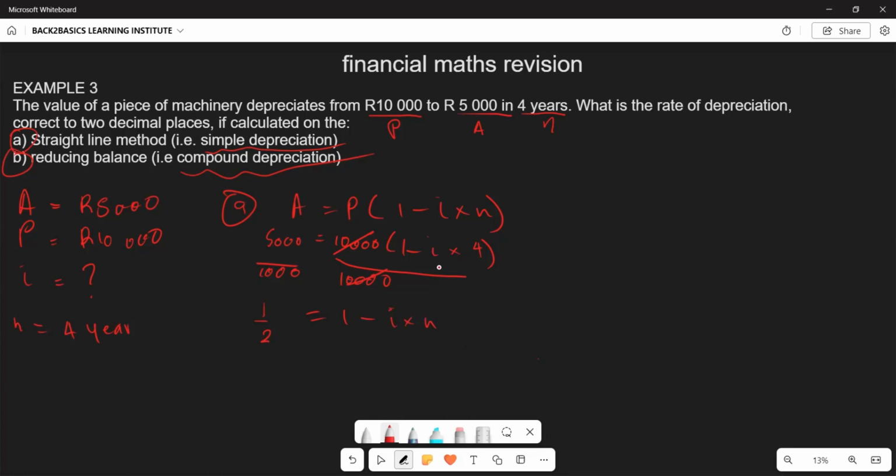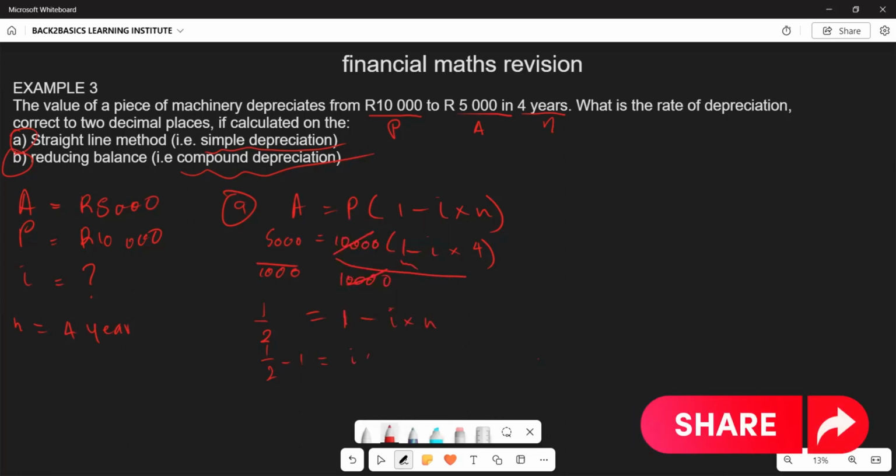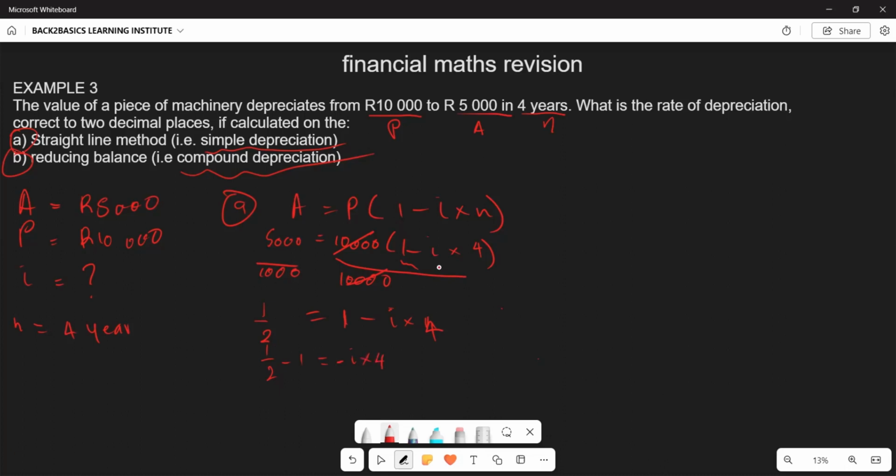And now what you're going to do is take this one and transpose it to this side. So this is going to be 1 over 2 subtract 1, which is I multiplied by the N. Remember the N we already have, which is 4 years, right? Now, what you are left with on this side is negative I multiplied by 4, right?